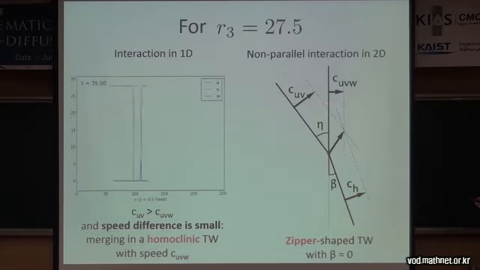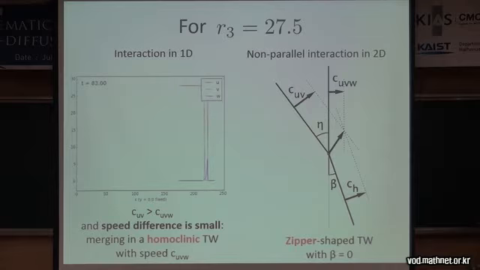So what should happen when we go in 2 dimensions? So we have the interaction with a certain angle eta of 2 fronts, and we expect that the same will happen as in 1 dimension, which means that they will merge in a single front. Generally, this front can appear at a certain angle beta, depending on the speed of the homoclinic front.